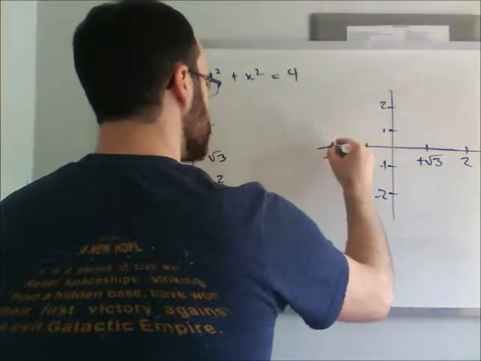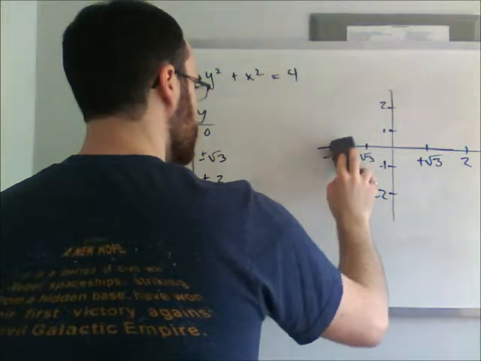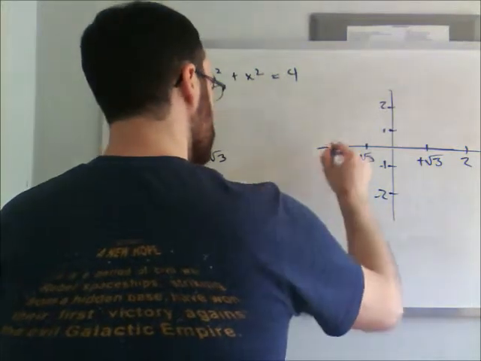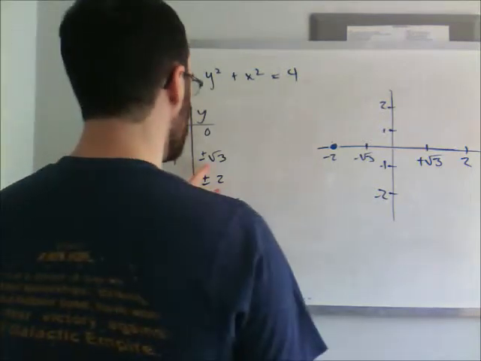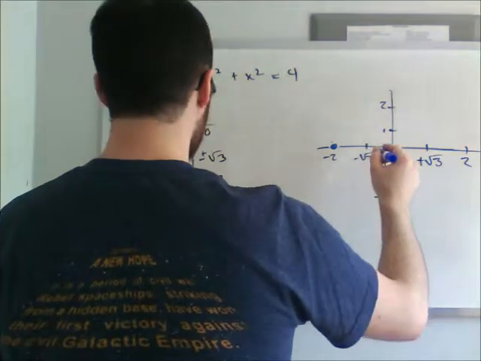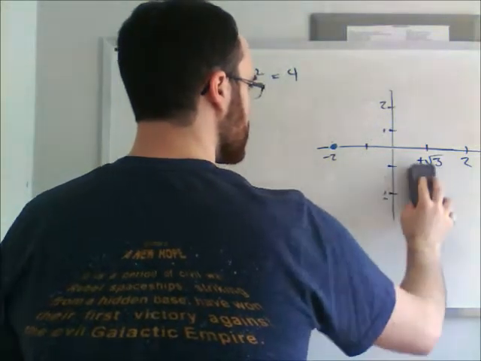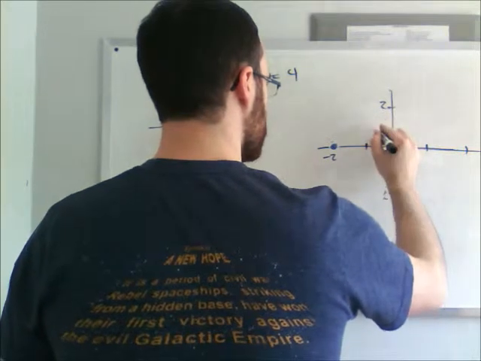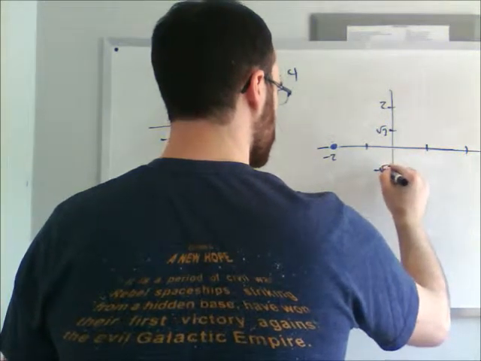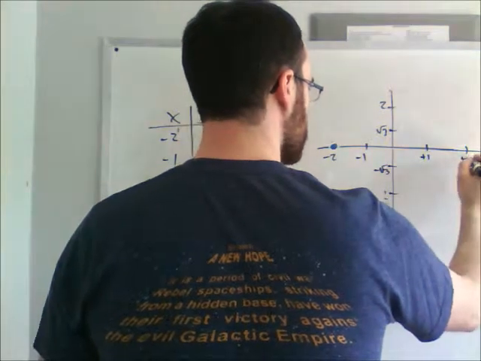At -2, we have 0. At -1, we have plus or minus √3. So when x, oops, that's backwards. My mistake. So let's call this √3 and this minus √3, and this is 1, -1, plus 1, plus 2.